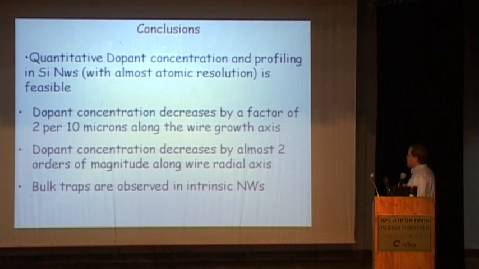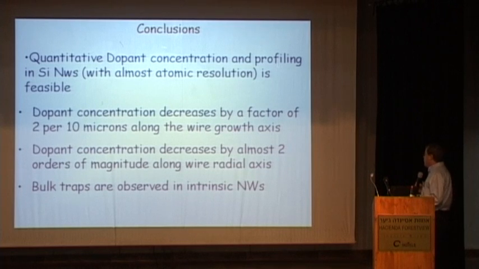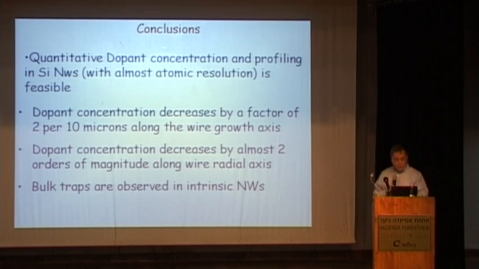So this implies that if we want to use such wires for devices, we must anneal them or get rid of this phenomenon. And in the last part of the talk, I've shown you that we may be seeing bulk traps, due to the gold atoms that come from the gold catalyst, and we may be able to identify the energy and maybe the concentration of these traps.